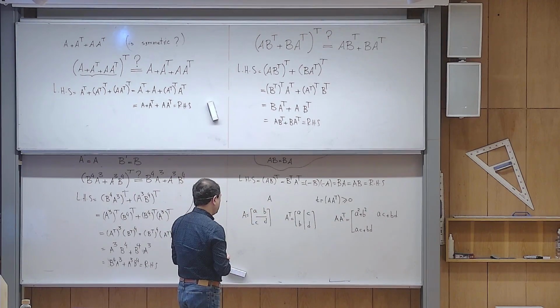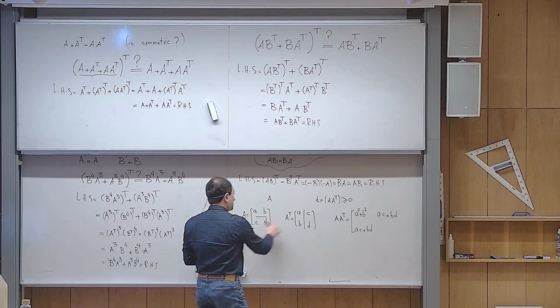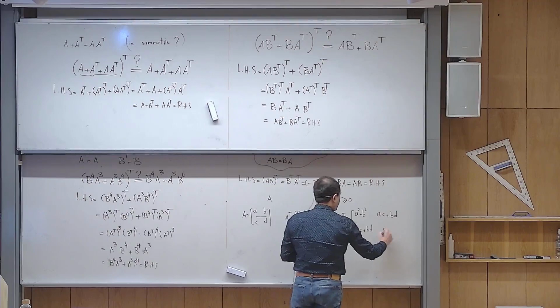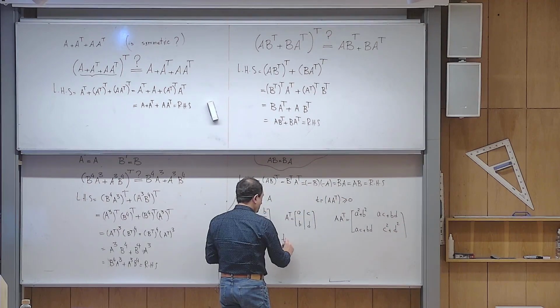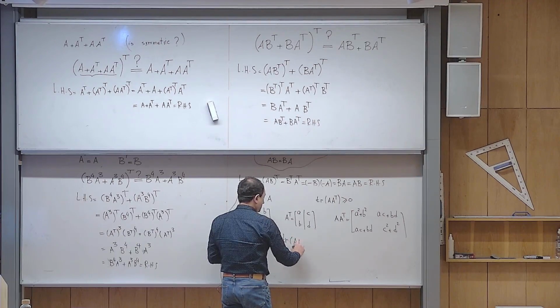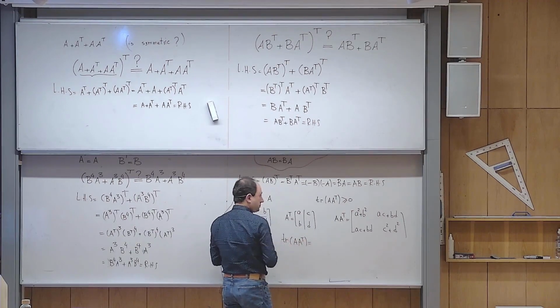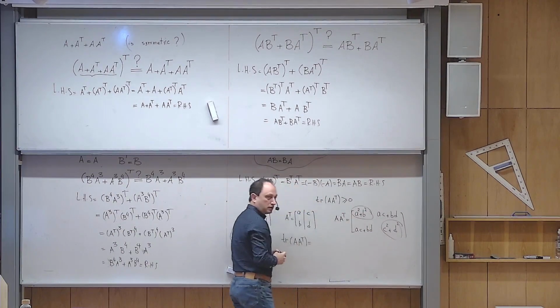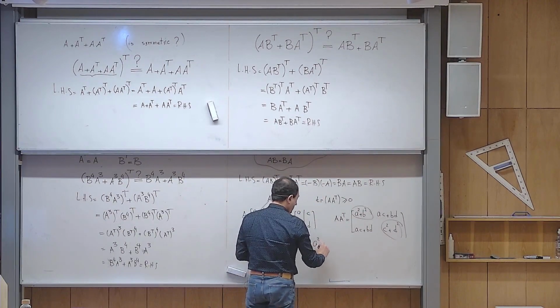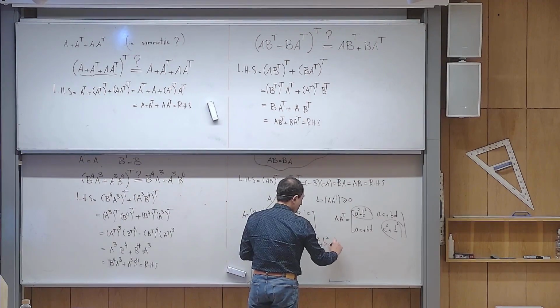And then I multiply this by that, it becomes C squared plus D squared. And now if I ask you what the trace is: the trace is the sum of the entries on the main diagonal. So this becomes A squared plus B squared plus C squared plus D squared.